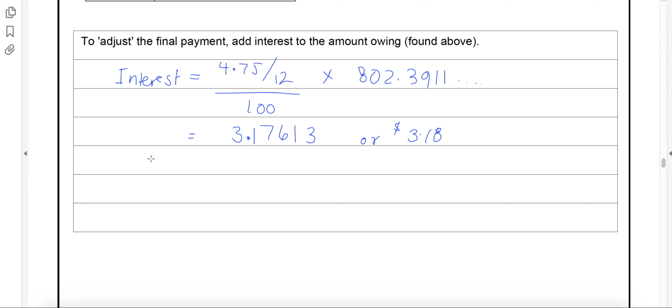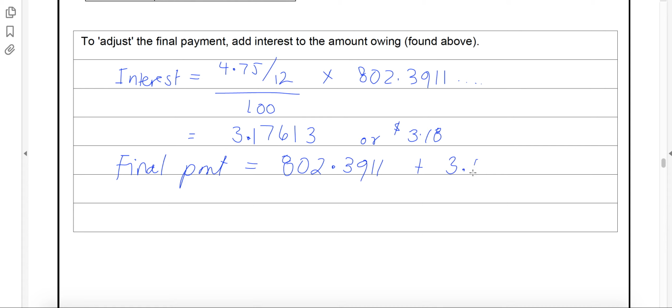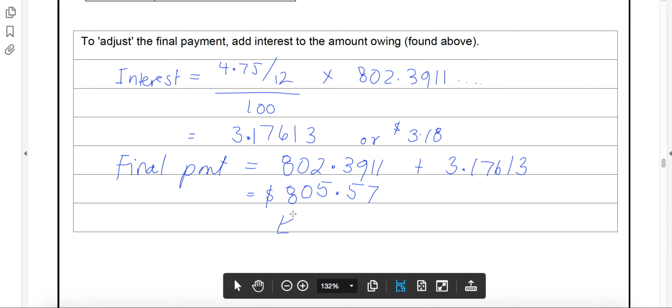Final payment. Final PMT. We had 802.3911 plus our 3.17613, etc. And grand total, as expected, 805.57, which is E. So that's how it's done.